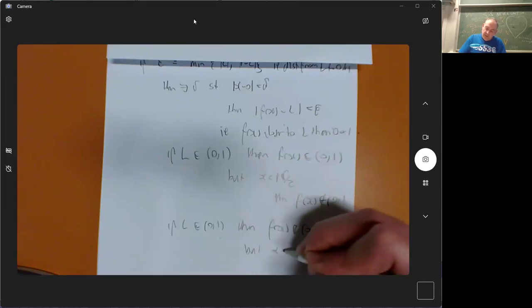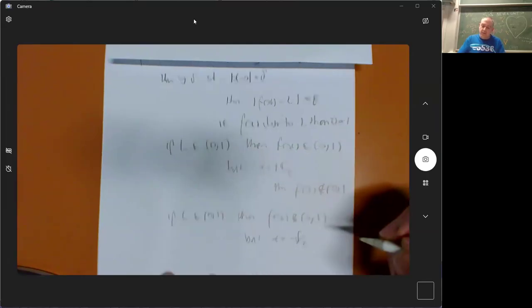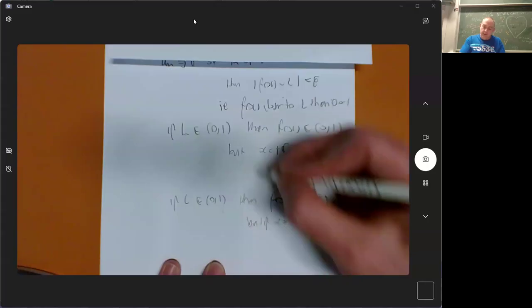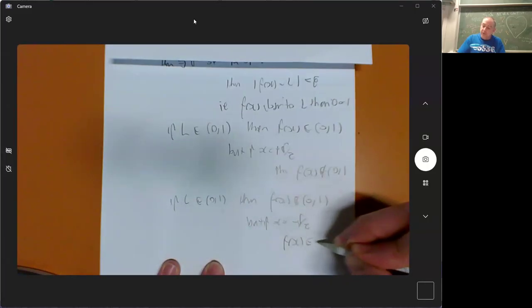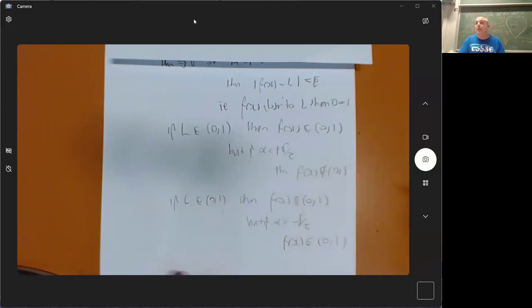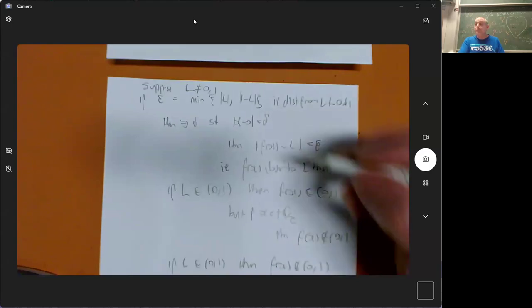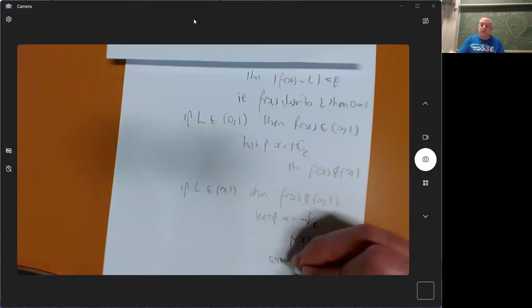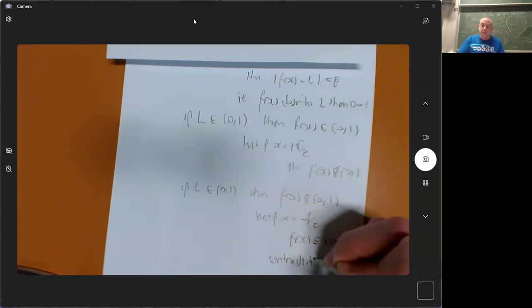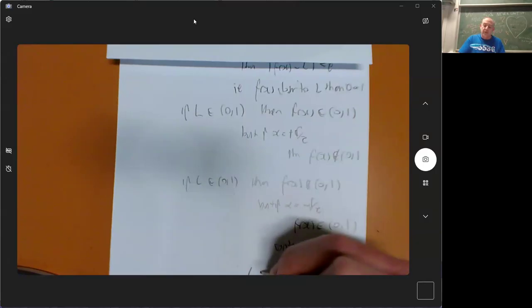But x being minus delta on 2 has f of x being in 0, 1, because all the negative numbers go to 0, 1. So what that's saying is that this is false. Contradiction. Therefore L is equal to 0 or 1.